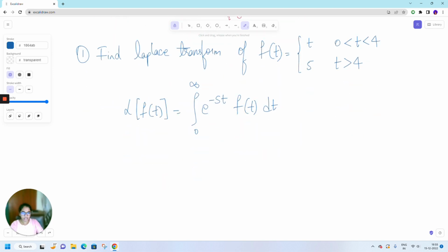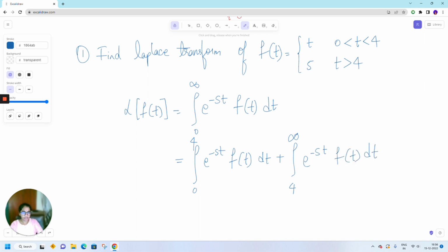Now you can observe our interval in the problem is divided into 0 to 4 and 4 to infinity. So this would become integral 0 to 4 e power minus st f of t dt plus integral 4 to infinity e to the power minus st f of t into dt.